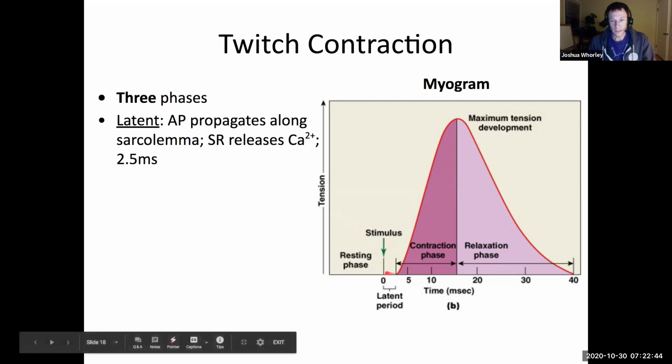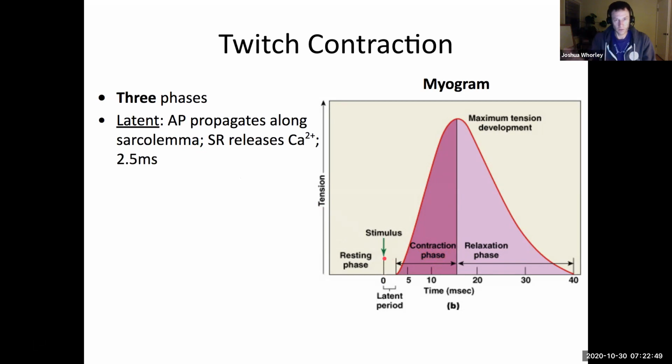What's going on in this latent period where there's no tension being produced, which means the muscle is not contracting at all, it's still resting, is that action potential is propagating along the sarcolemma, down the T-tubules, getting to the terminal cisternae, the sarcoplasmic reticulum is releasing its calcium ions and they're diffusing down onto the myofibril. All that's happening in the latent period. So think about all those steps we talked about last time. That's all happening in like 2.5 milliseconds, really fast. So that's the latent period.